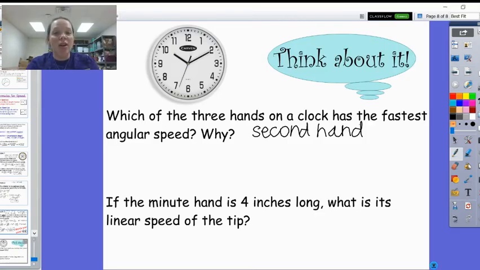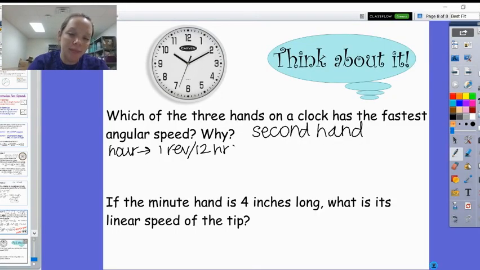Well, just think about it in revolutions per amount of time, right? So the hour hand, how long does it take to go 1 revolution? It takes the hour hand 12 hours to go all the way around the whole circle, right?